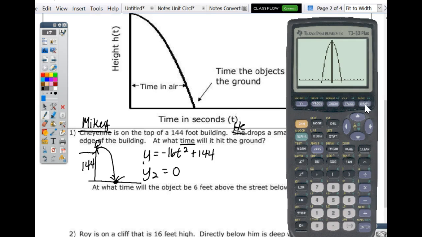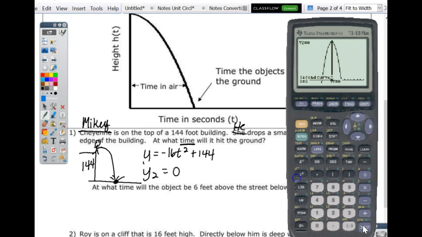So what I want to know is this spot right here. This is where he goes kersplat. So I'm going to push second, trace, and I want to go to intersect. And push enter. So I want the answer. Do I care about the first curve? I don't.